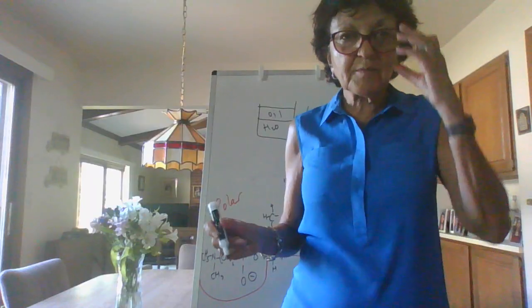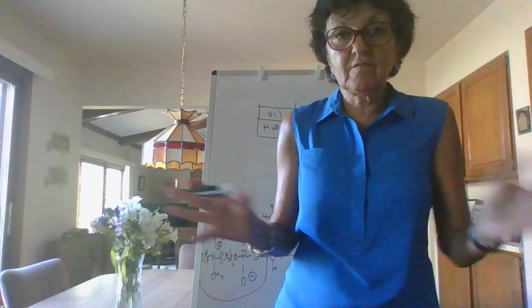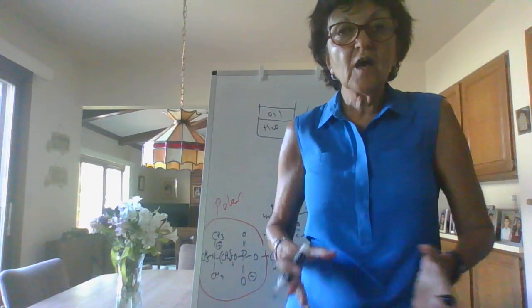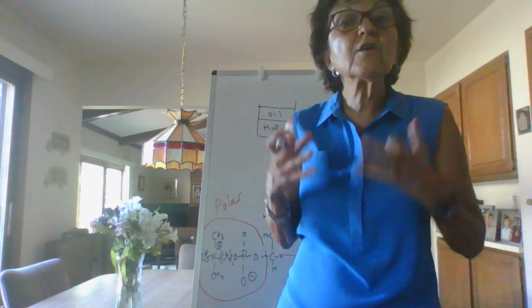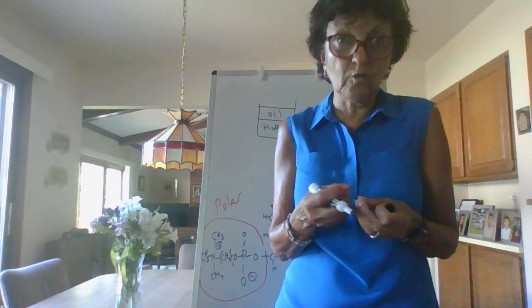What's the practical application of this? Have you guys ever baked? I love to bake. It's good therapy for me. Well, you have a lot of lecithin, a lot of this phospholipid in egg yolks.